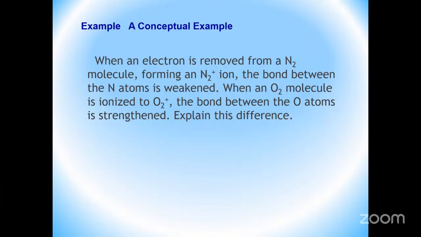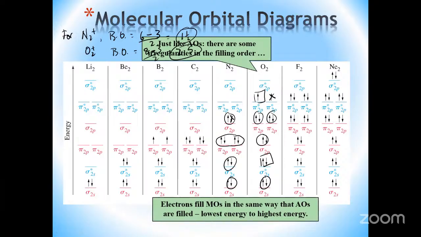Right, it says that the bond is weakened between the N2 atoms in the case of N2 plus, but stronger in the case of the O2 plus molecule or ion. So that explains why. The bond order basically is what it comes down to. O2 plus has a higher bond order compared to N2 plus.